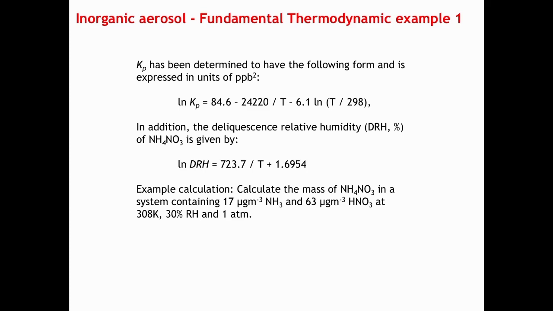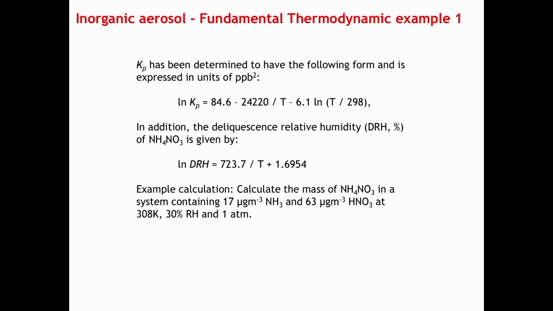What's the volume of 1 mole? 22.4 times 308 divided by 273. Okay? Just by the ideal gas law, you can calculate the volume. So you know what the volume is of 1 mole.